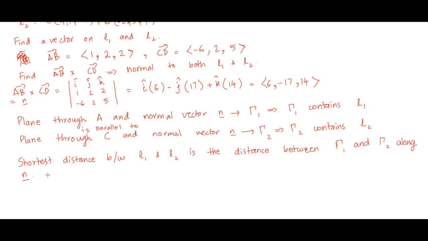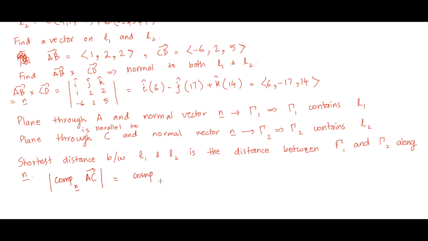We find the distance between gamma 1 and gamma 2. We are interested in AC, so we will take the component along n of AC, because A is our point on gamma 1 and C is our point on gamma 2.